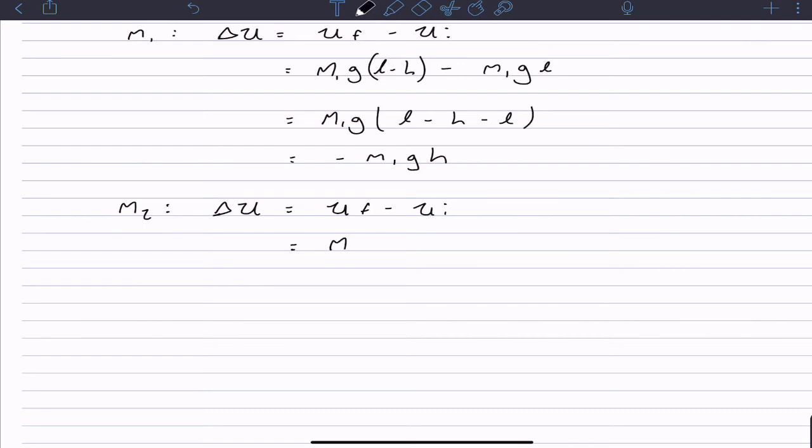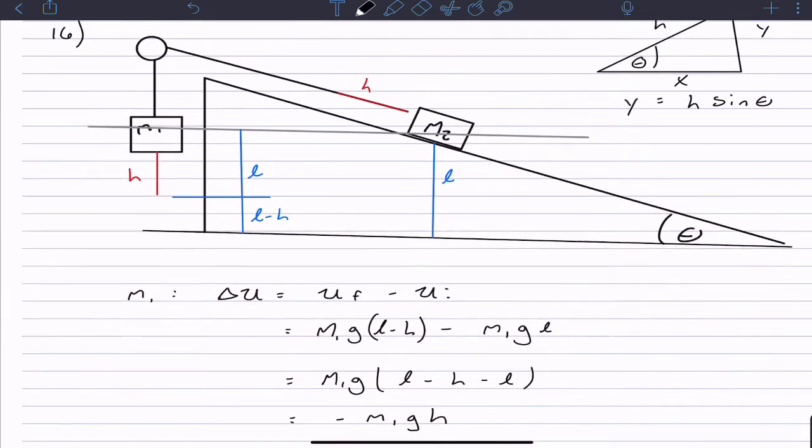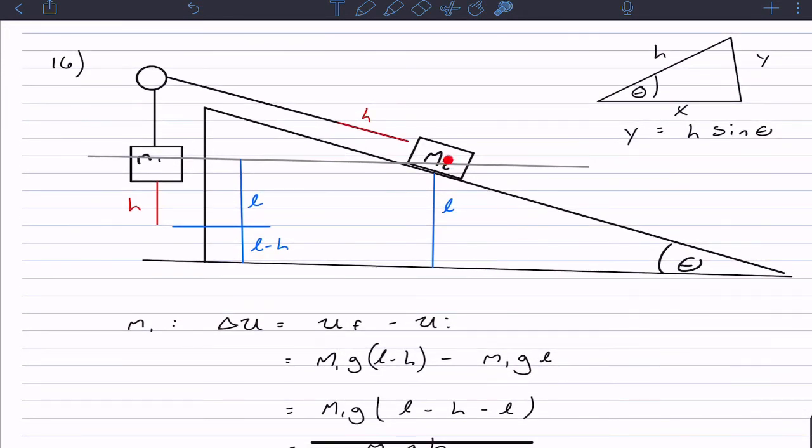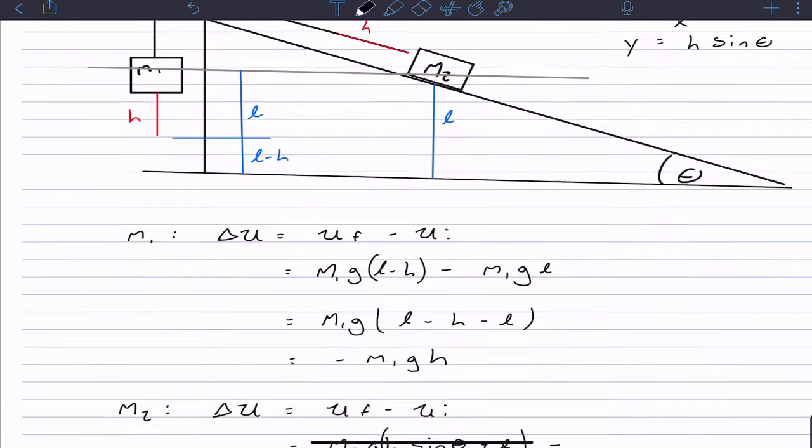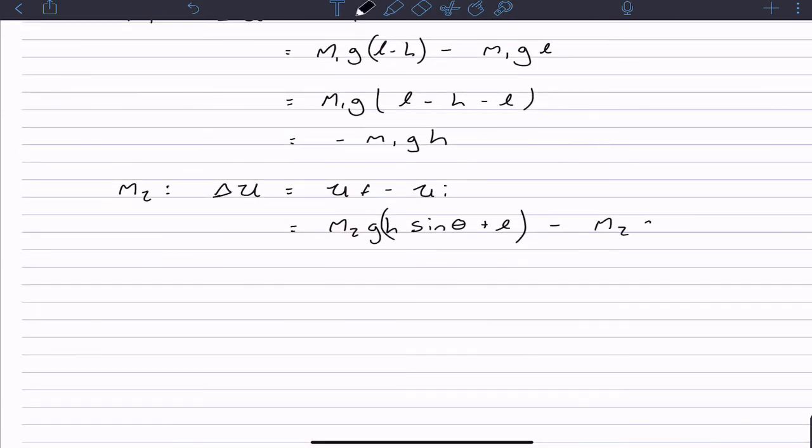So to be more explicit, M2G times h sine theta plus L, minus the initial position, which was just M2G times L. So what does that mean?